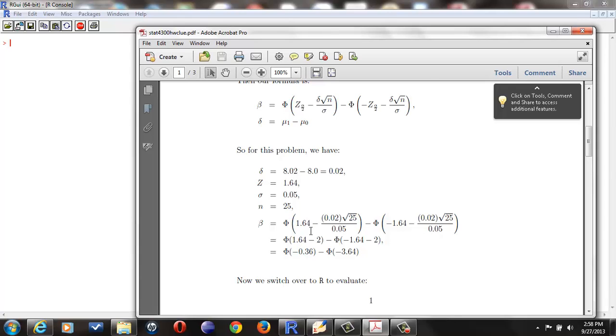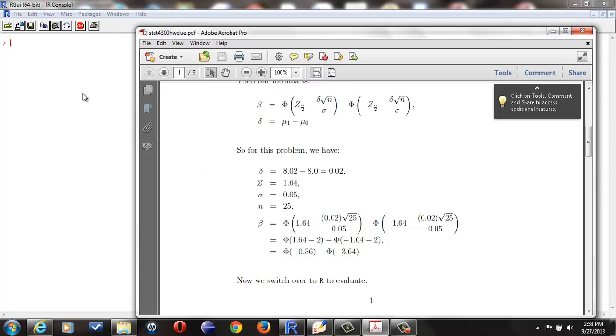So that's going to give me Phi of 1.64 minus 2 minus Phi of minus 1.64 minus 2, and that's going to give me Phi of negative 0.36 minus Phi of minus 3.64.